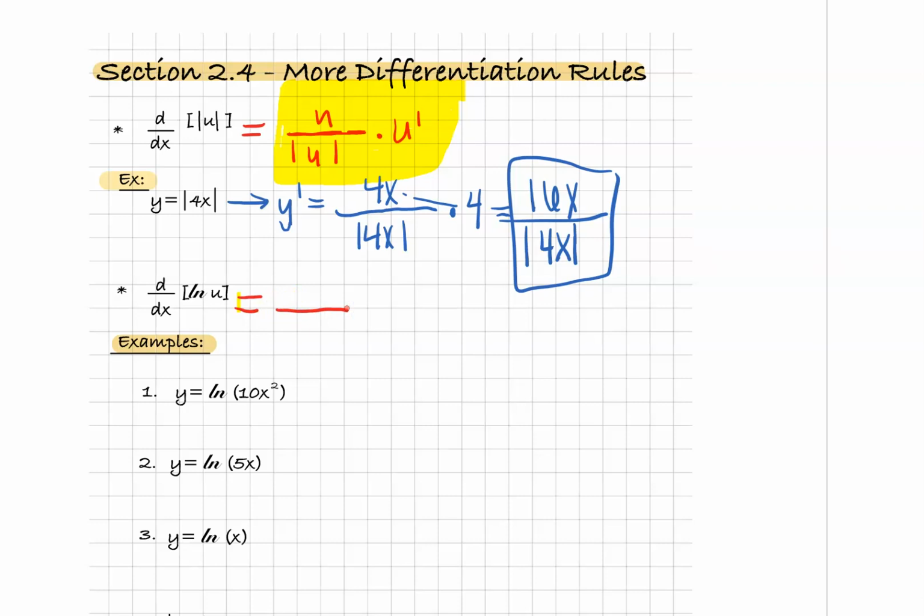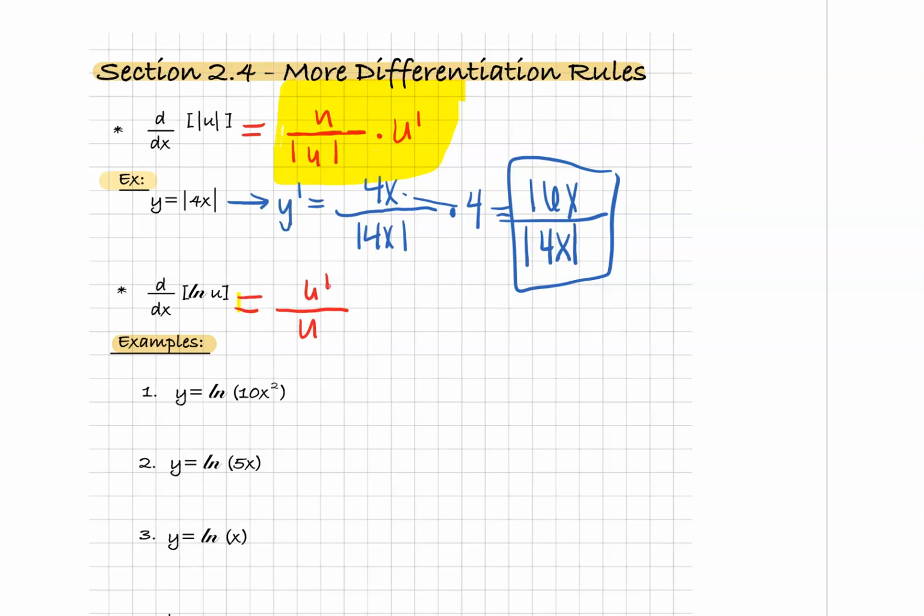Whatever you are logging, you're going to put on bottom. Don't touch it. Times the derivative, or on top, the derivative of what you were logging. And so whenever you're taking the derivative of a natural log, we'll deal with log of other bases later, you're going to do u prime over u. Whatever you're logging on bottom, and its derivative on top.